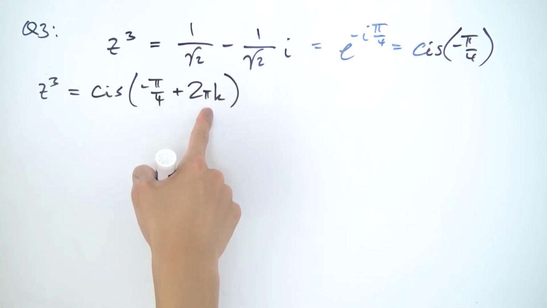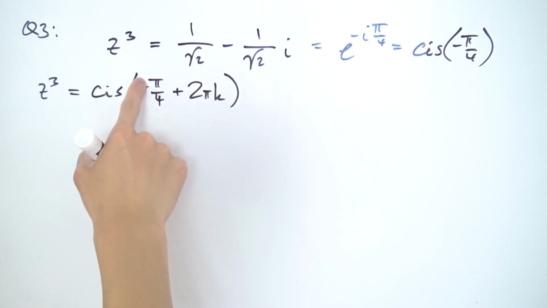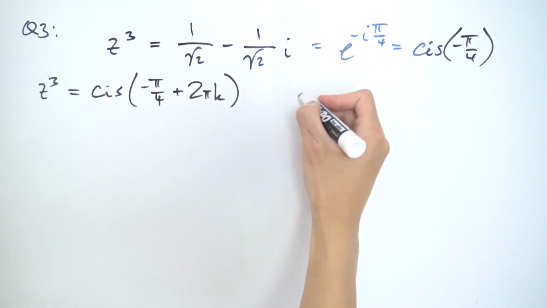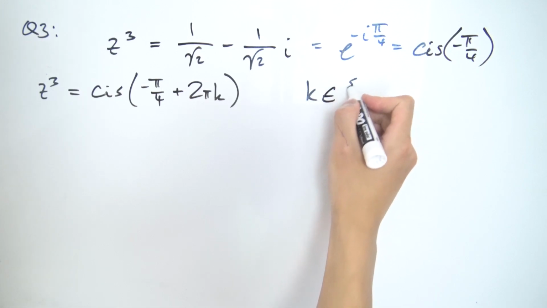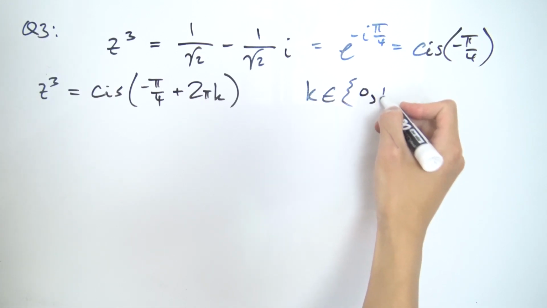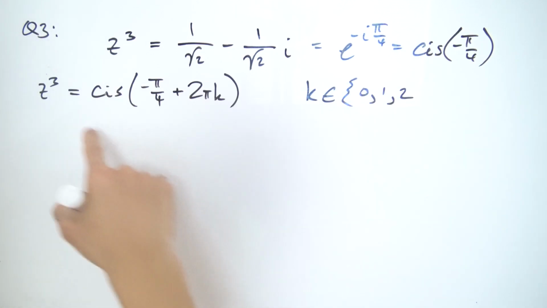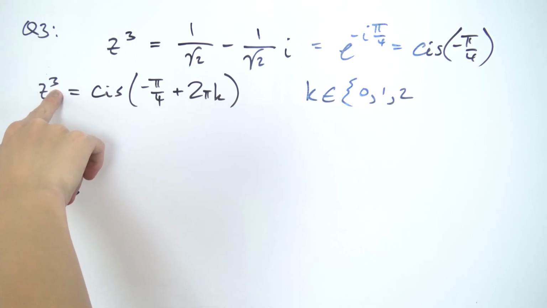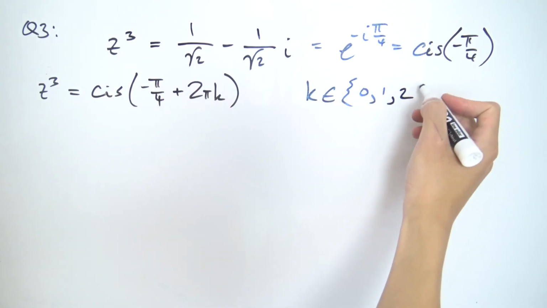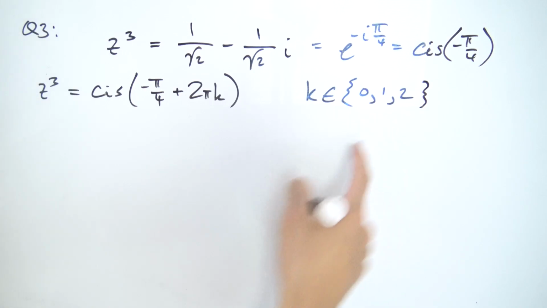So you're just rotating another revolution around. And since this is a third power, you consider the k values 0, 1, 2, all the way up to 3 minus 1. So we stop at 3 minus 1, which is 2. So we only consider these 3 k values, because if you keep going, then you're just repeating your solutions.